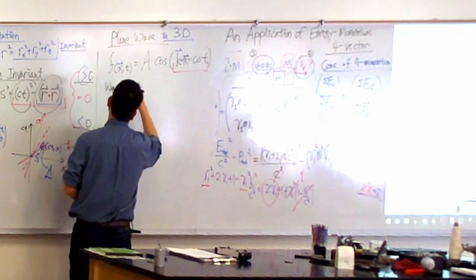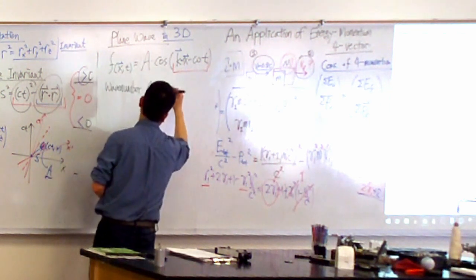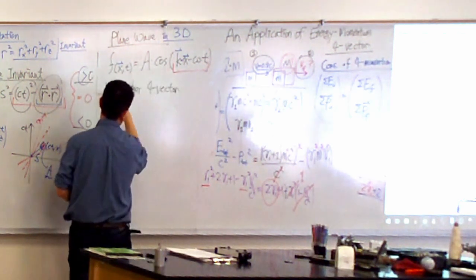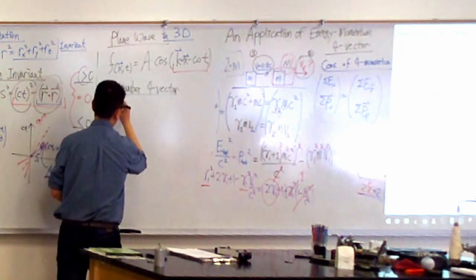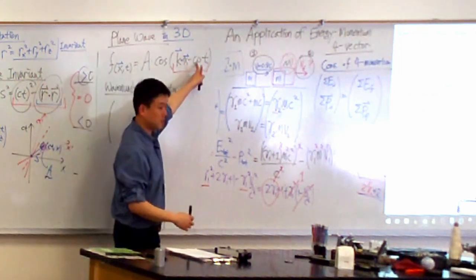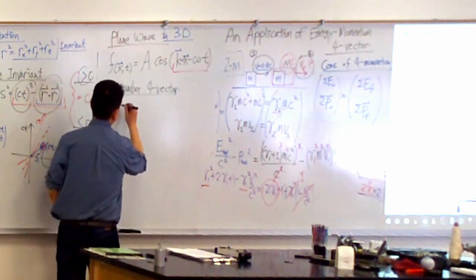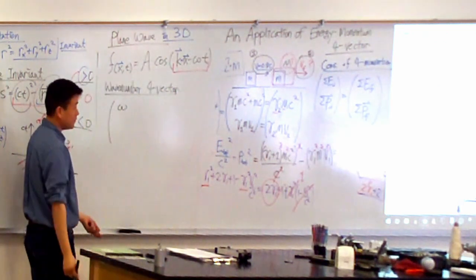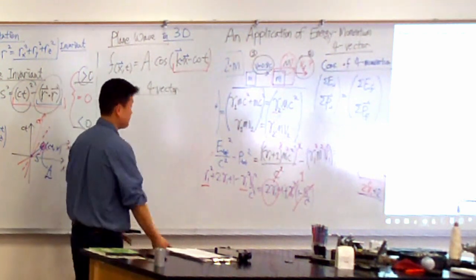Wave number 4-vector. Or 4-wave number, if you are naming it the way I named the 4-momentum. Then it should be something like this. The frequency is the time component, somehow. And the wave number is the spatial component, somehow.